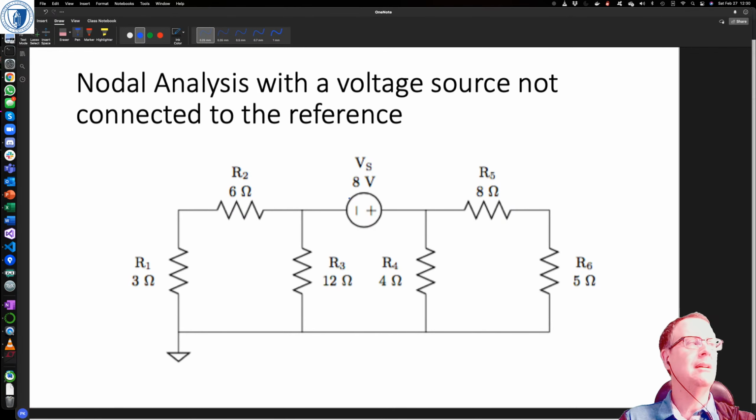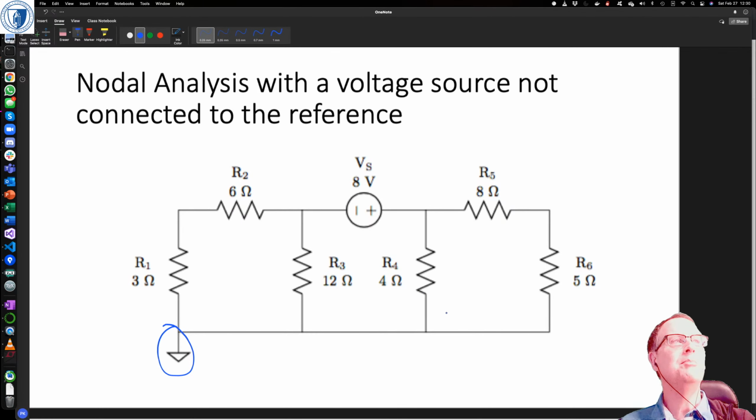Remember, if you've got a voltage source connected between the reference node and another node, then it's a freebie. You immediately know what the voltage is. When you've got a case like this, it's a problem because it's a voltage source. Until we've analyzed the circuit, we don't know what the current coming into or out of it is.